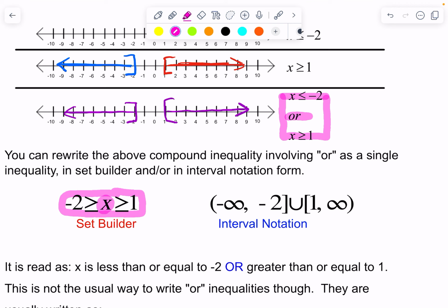In interval notation, once again, please remember that the graph lets you know exactly what the interval notation looks like. We've got from negative infinity to negative 2 in bracket, in union with 1 in bracket to positive infinity. Please remember that infinities always have a parenthesis in interval notation, and when it's greater than or equal to or less than or equal to, they have brackets.